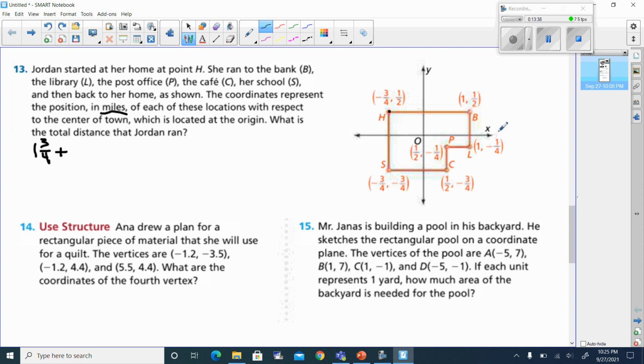Well, that's going to be 3/4 because I know that 1/2 is really 2/4, because I can multiply 1/2 by 2/2. 1 times 2 would be 2, 2 times 2 would be 4. And remember, the only way we can add fractions is when our denominator is the same. So we would add it like this, and that way we'd get 3/4. All right, so I can add 3/4 of a mile over here.